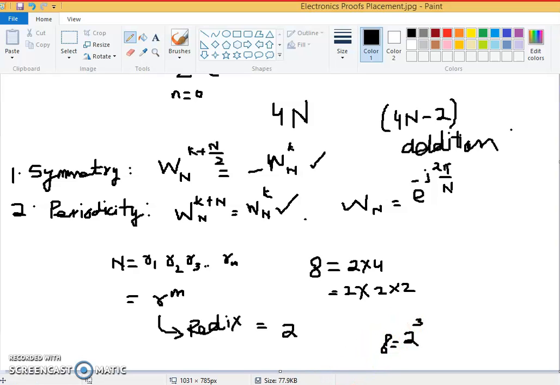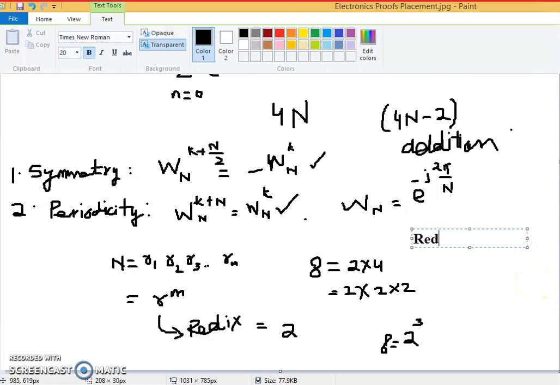What we will be discussing is radix 2 FFT. Even though more types of FFTs are possible, we will be discussing only radix 2 FFT, where the base radix is taken to be 2, and then the simplification will be okay.